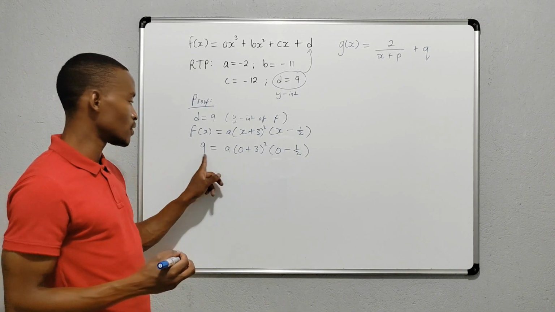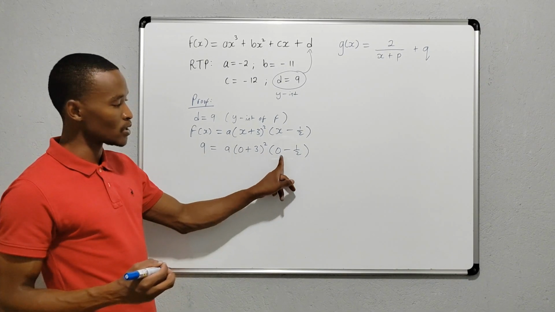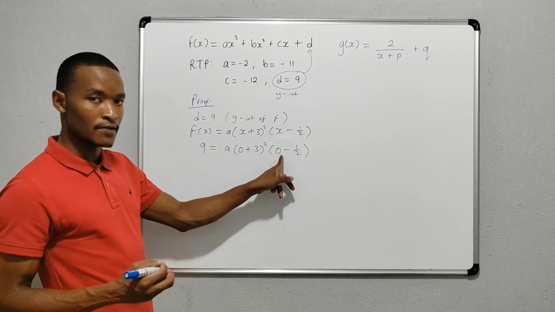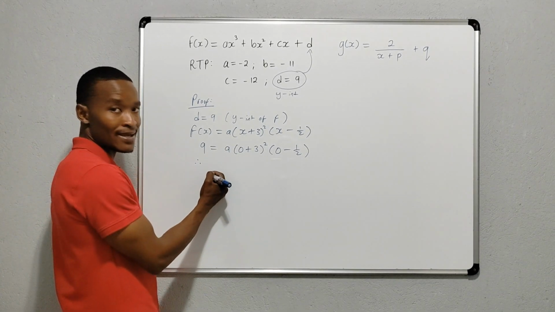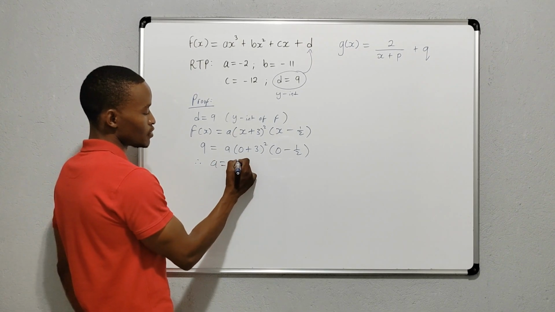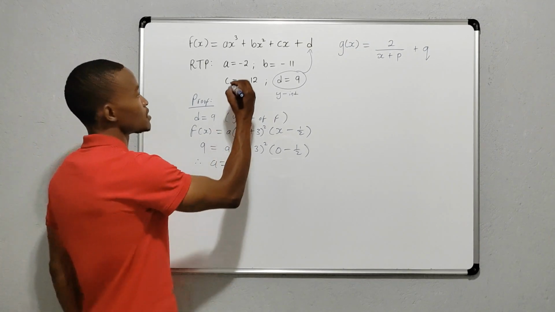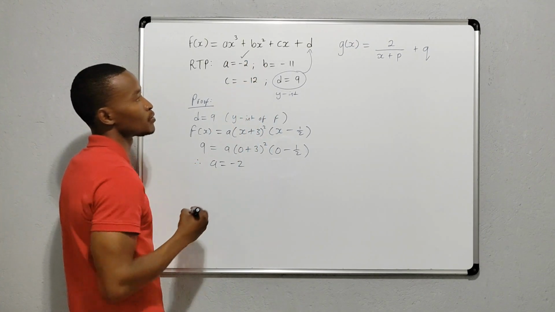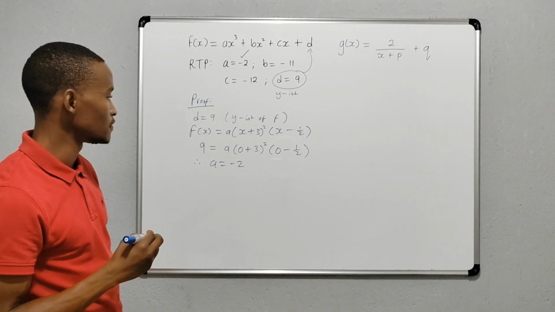Because it's 3 squared, you divide both sides by 9, you get 1 this side. This will give you a -half, and therefore if you multiply both sides by -2, you're going to get a is equal to -2. Okay, so this is the second variable that we've just proven to be indeed -2.